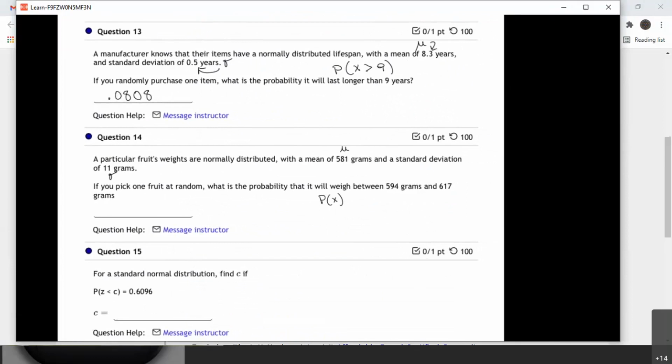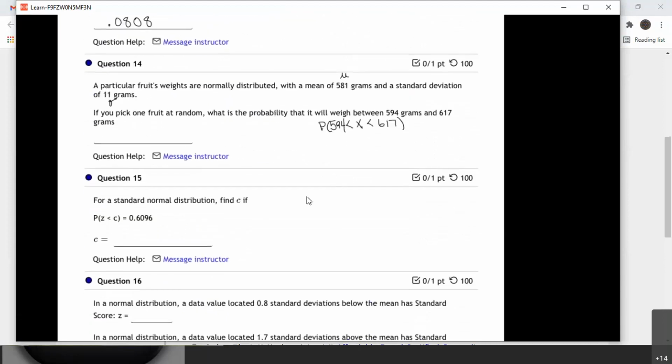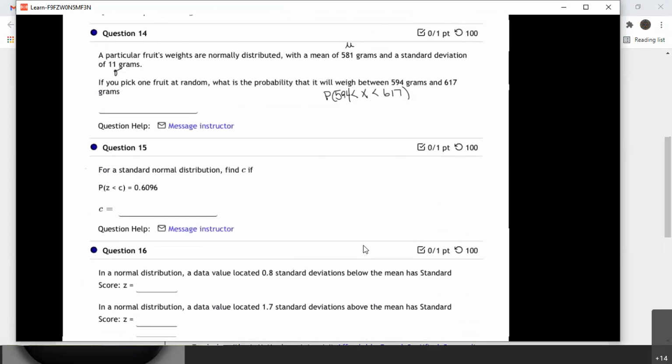Okay, so here's what I want: the probability that X is greater than 594 and less than 617. So you just pick between here for the online calculator. On the TI, this is your lower, this is your upper. So no infinity.